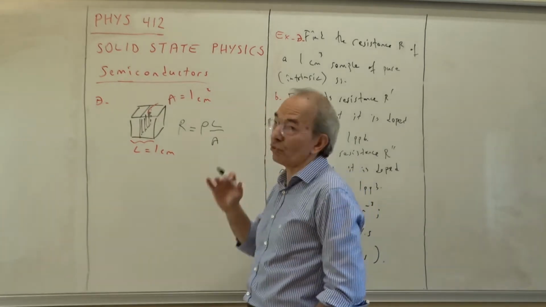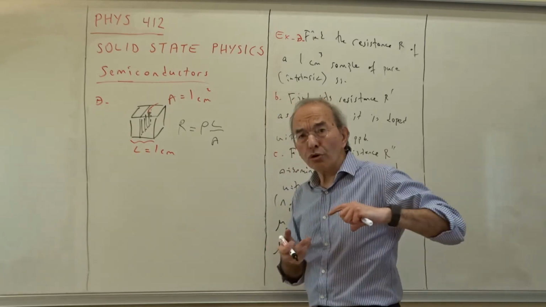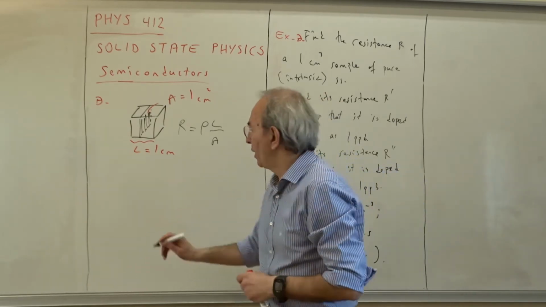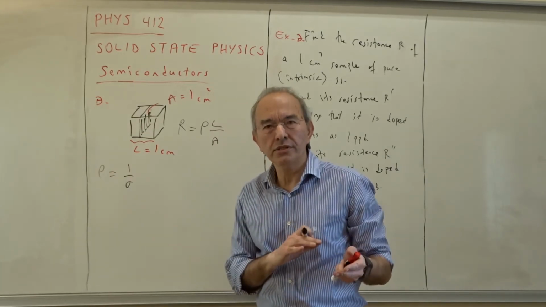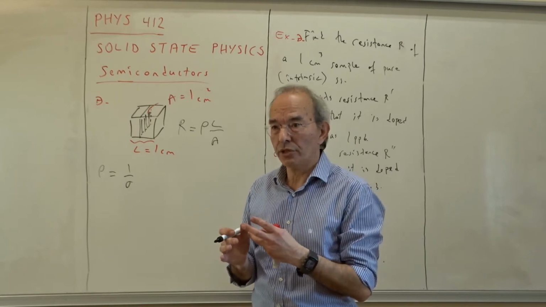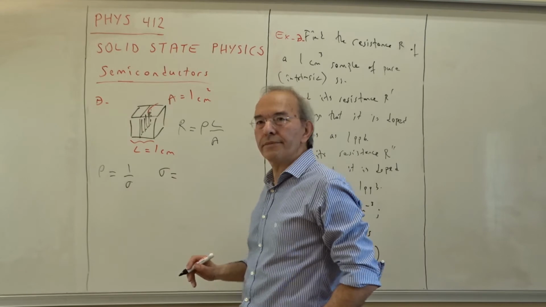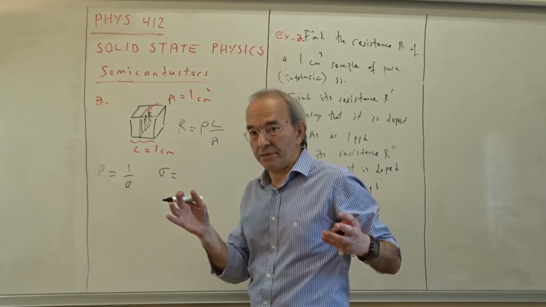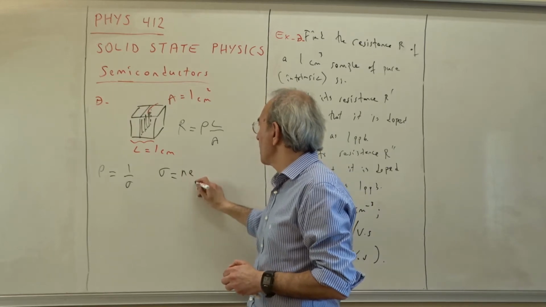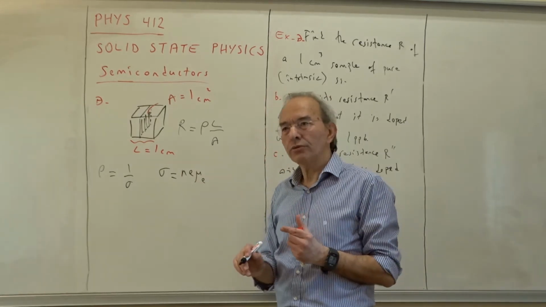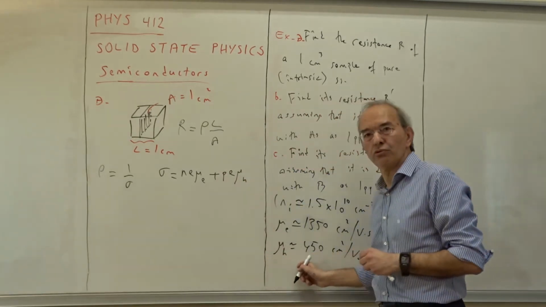What is R? Rho. How do we find the resistivity rho? Of course, rho is the inverse of conductivity sigma. Rho and sigma are inverse quantities. Resistivity is the inverse of conductivity and vice versa. How can we calculate sigma? Remember that sigma is the sum of contributions from two types: n e mu e for the electrons, p e mu h for the holes.